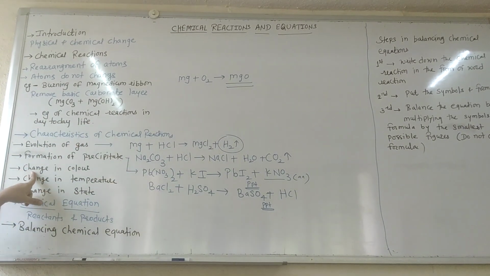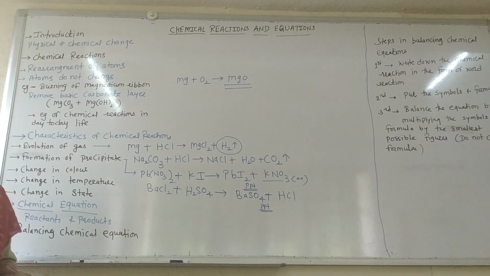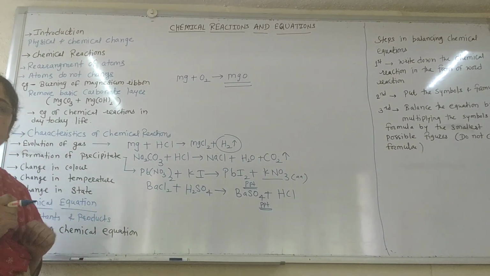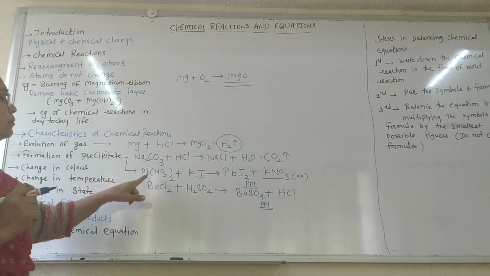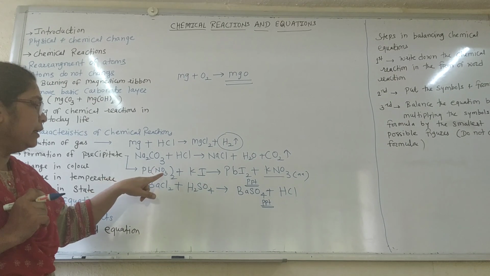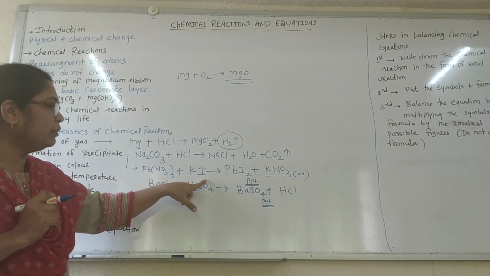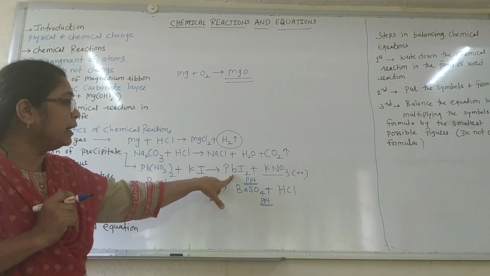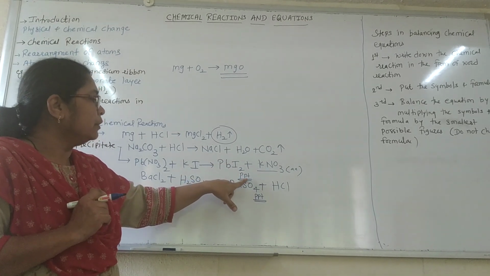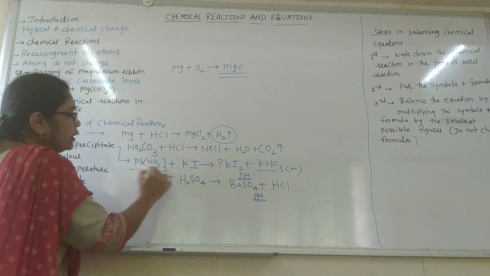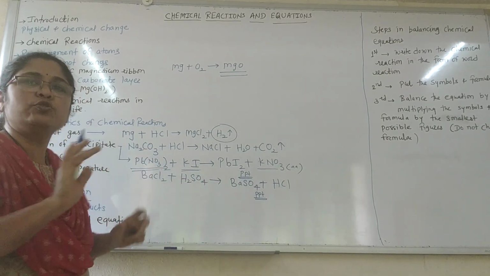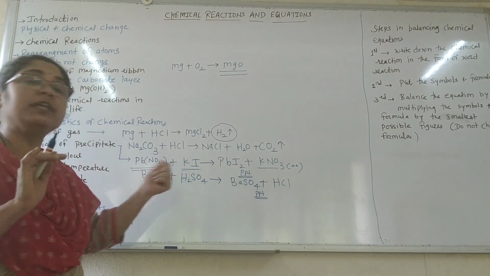The third characteristic is change in color. We can take the same examples for change in color. First reaction, lead nitrate, when it comes in contact with potassium iodide, PbI2, lead iodide, is formed, which is a precipitate. Here Pb(NO3)2 and potassium iodide are both colorless. There is no color for any of the reactants.